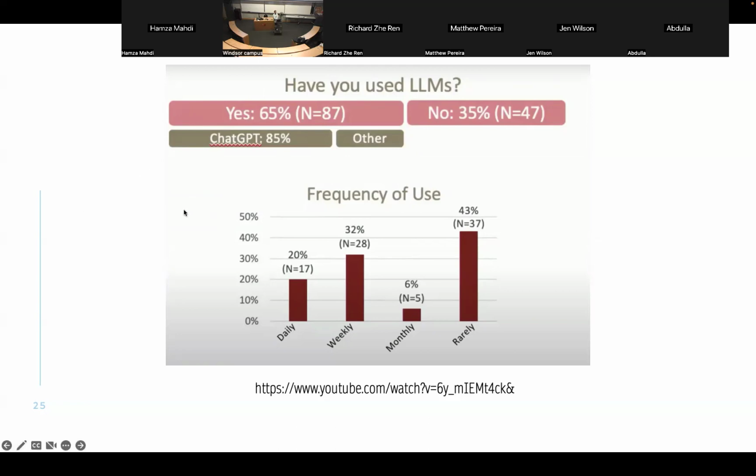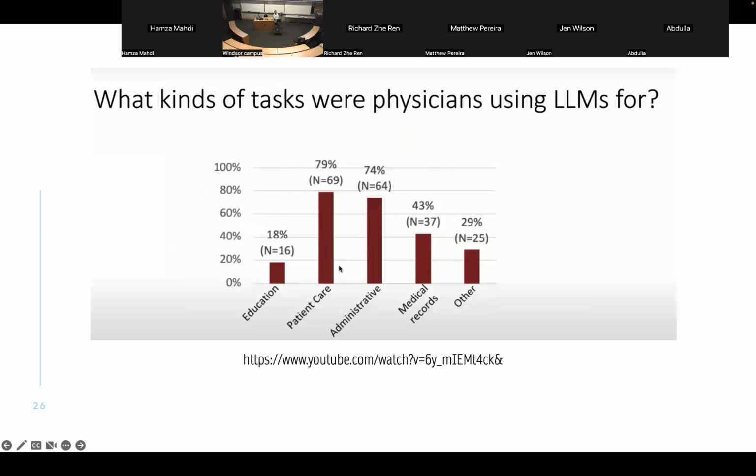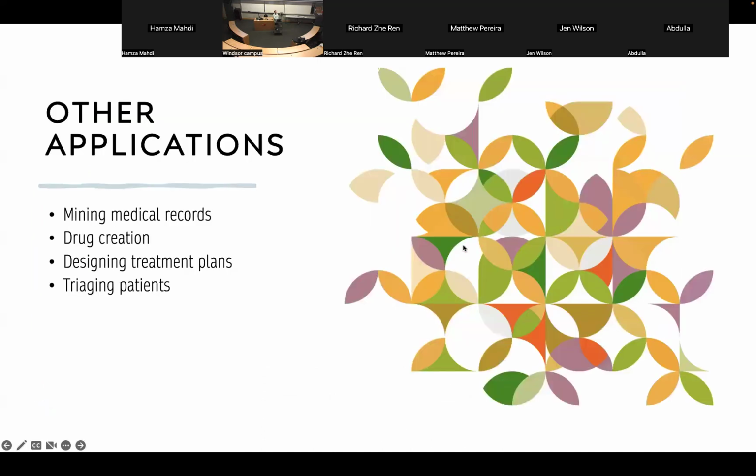It's the most used nowadays, and you can see about half of them use it quite regularly, almost on a weekly basis. And the more interesting piece of information here is that close to 80% use it for patient care. So that was a very interesting piece of information I wanted to share.